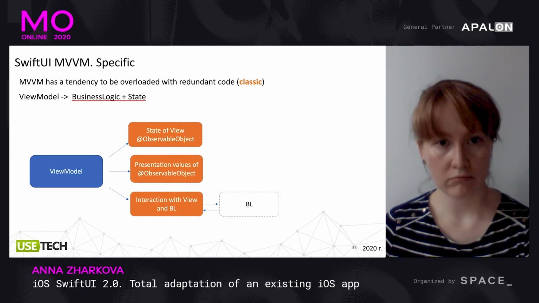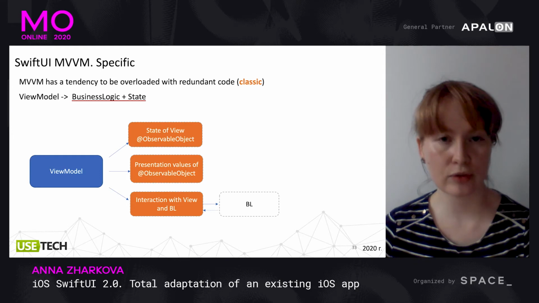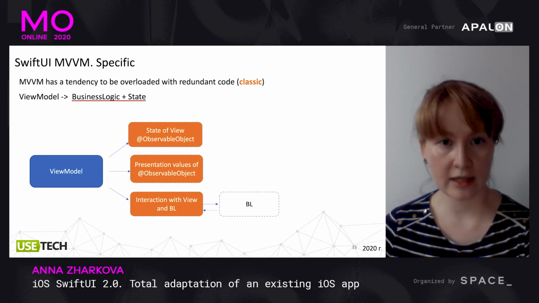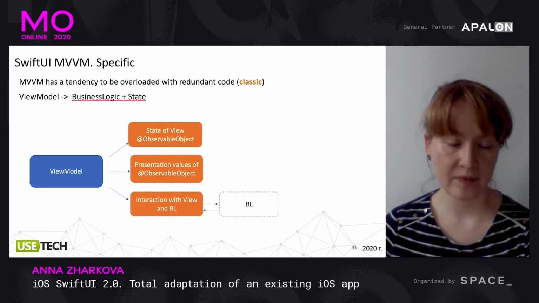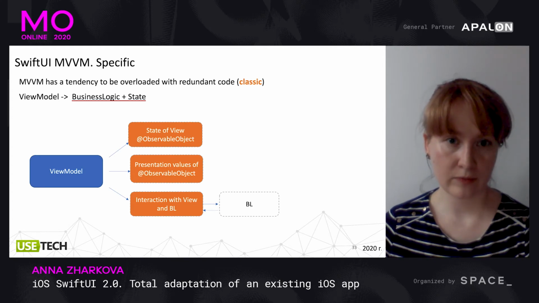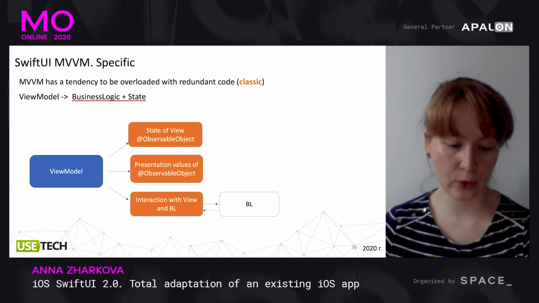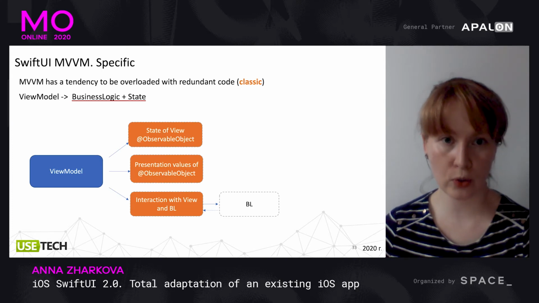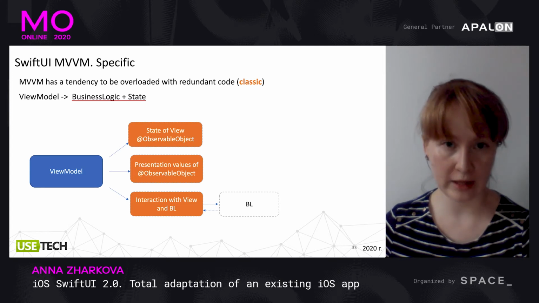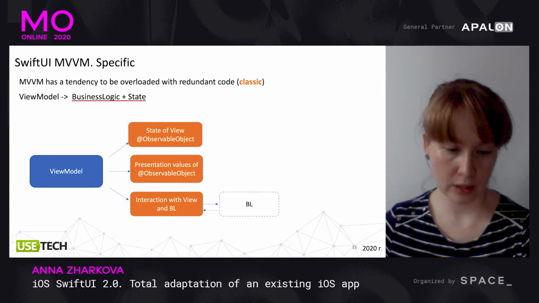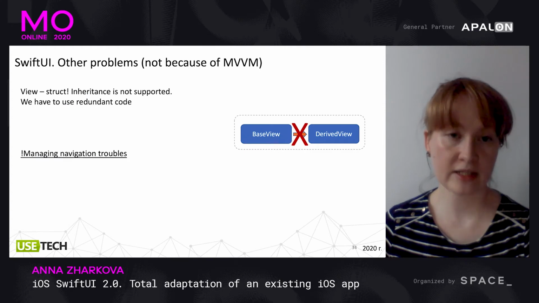Yes, it is a classic tendency for any MVVM application, because the view model is not only the state, it is an intermediate logic that interacts with the view and business logic, and it is also some code to present our values for our views. So there is another problem.